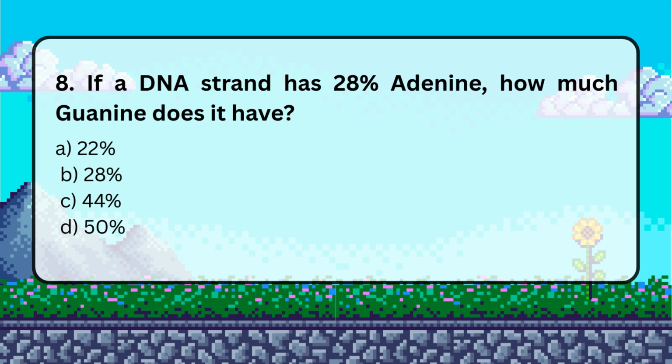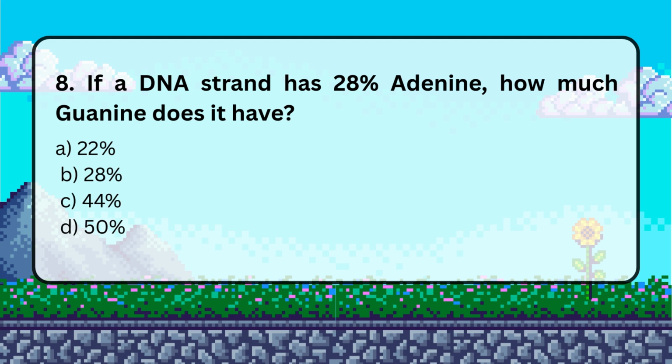So it's really tricky. If a DNA strand has 28% adenine, so there will be 28% thymine, because adenine pairs with thymine. So 28 plus 28 will make 56. So 56% of the total. So 100 minus 56, the remaining will be 44%.